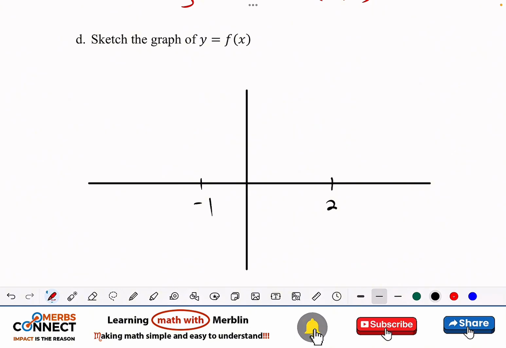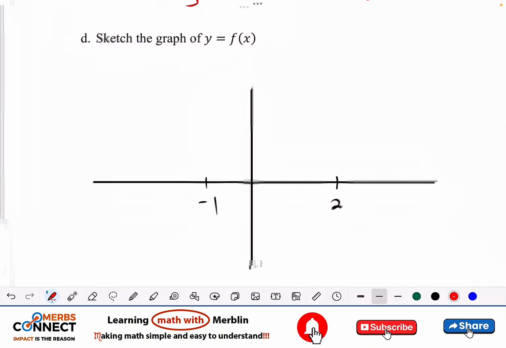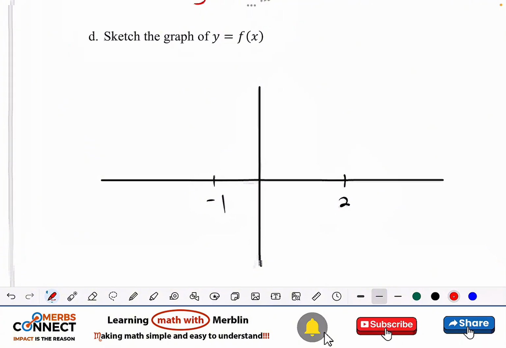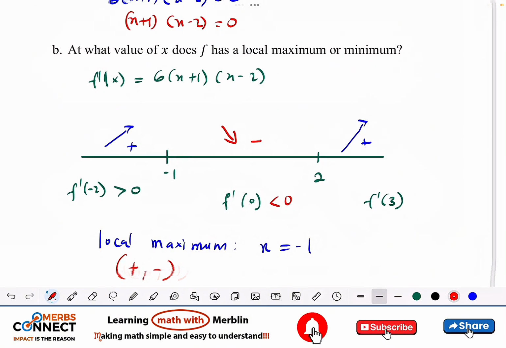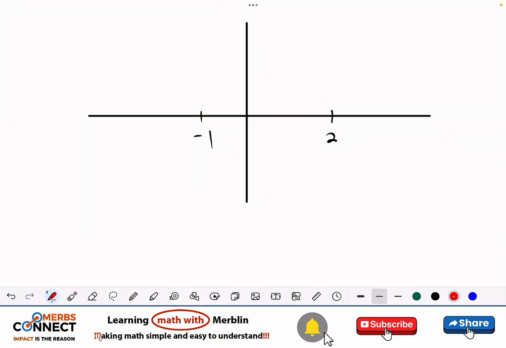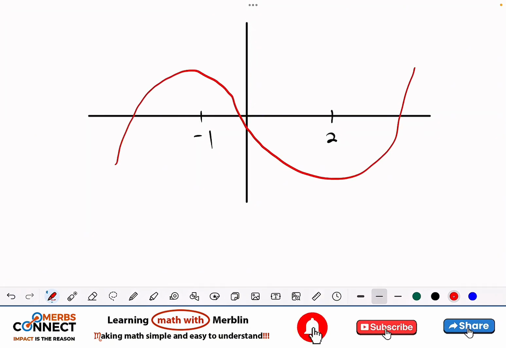Let me see how the graph is looking, increasing and decreasing. Okay, good. So the function is kind of like this, increasing and decreasing. This is how the graph is going to be for the sketch, because I know that at -1 I have a maximum, and at 2 I have a minimum.